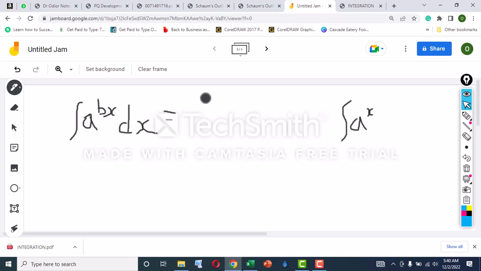So how do we integrate this? This will turn to a raised to power bx, the upper part will not change, over b times ln a. Then you remember to add your plus c. So that's just it, as simple as that.